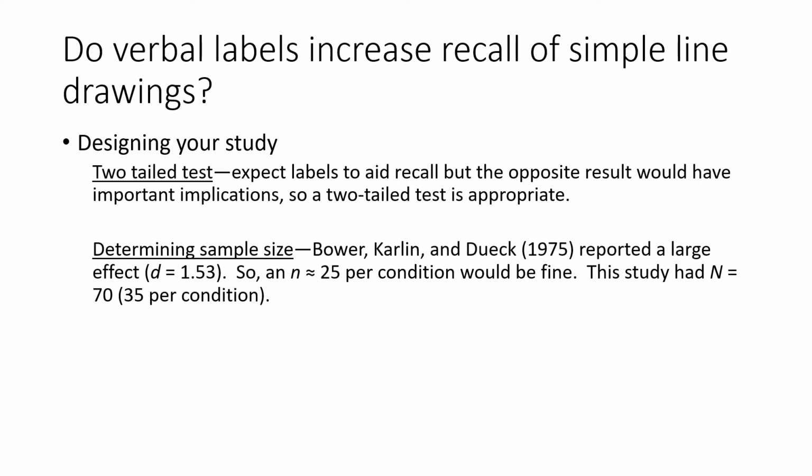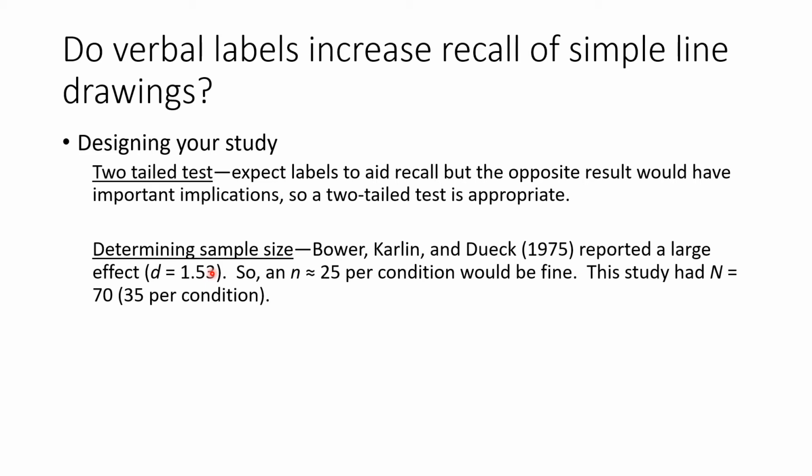You also want to make a decision about sample size. In this case, the previous research reported that they had found really a very large effect, a D of 1.5. Using the table in chapter 5, you know that if previous research suggests that you might find a large effect, you can get by with a sample size as small as 25 people per condition to find that large effect.